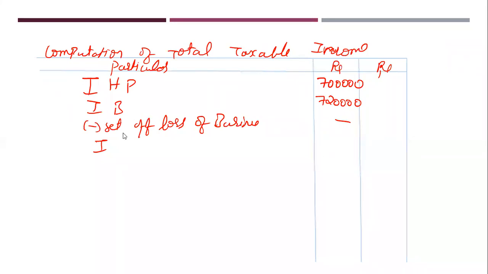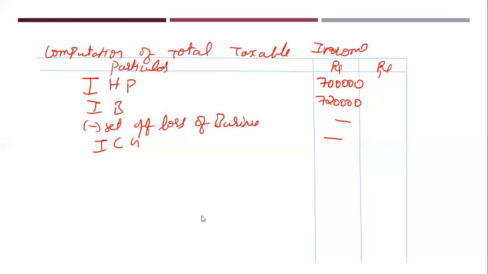Okay, and the next head of income after income from capital gain. So do we have any income from capital gain in this problem? No. Then this also will be nil.